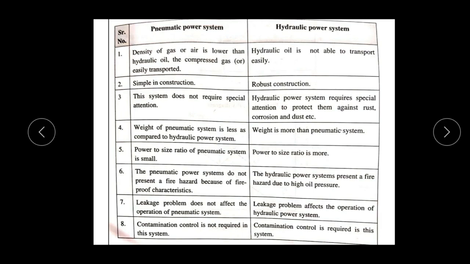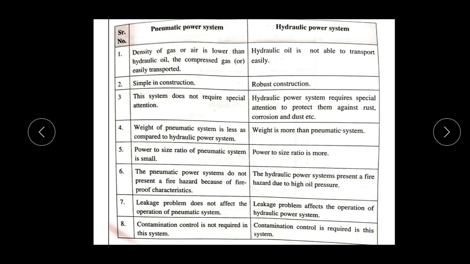In pneumatic power systems, the construction is very simple. In hydraulic systems, the construction is robust. In pneumatic systems, no special attention is required. In hydraulic power systems, special attention is required to protect them against rust, corrosion, and dust.